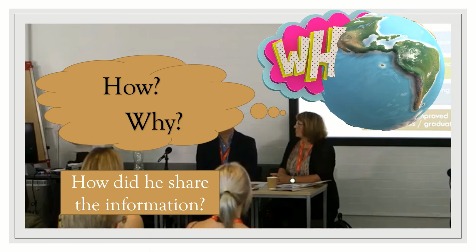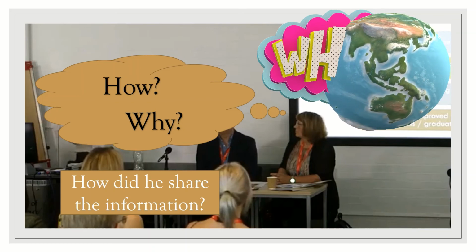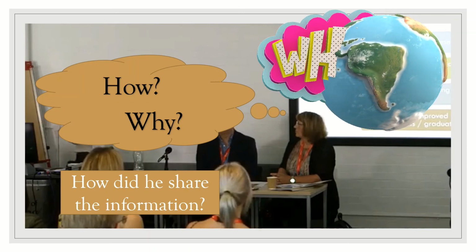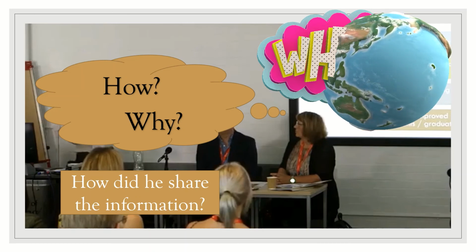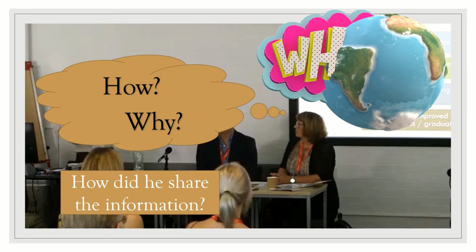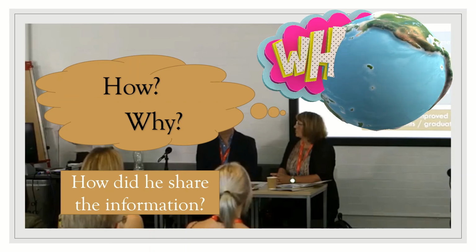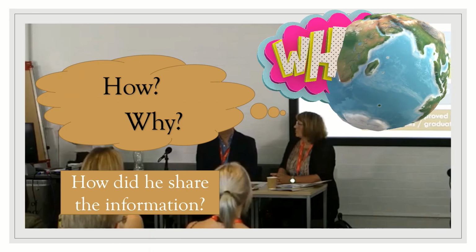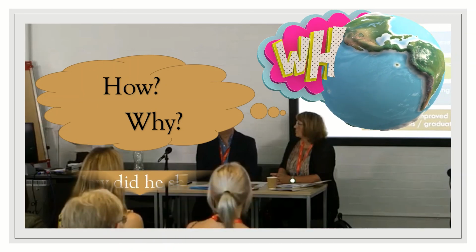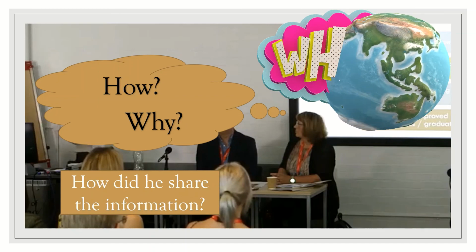So you use the question word how, the auxiliary verb did, the subject he, the main verb share, and then the extra words after the main verb as information to allow your listener to understand your question. So the question there was, how did he share the information?